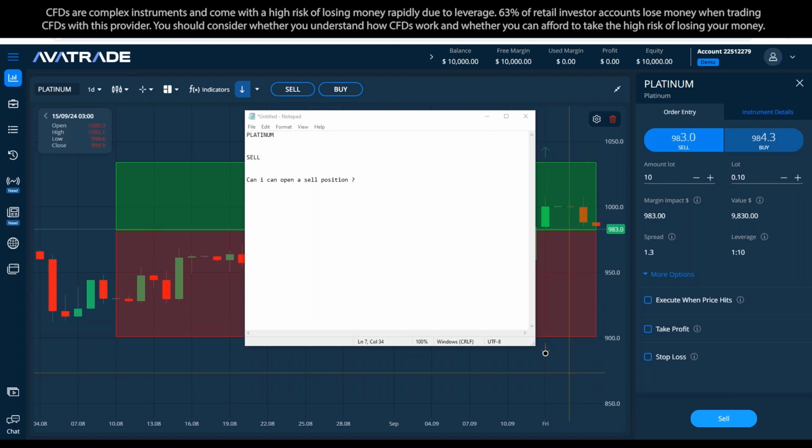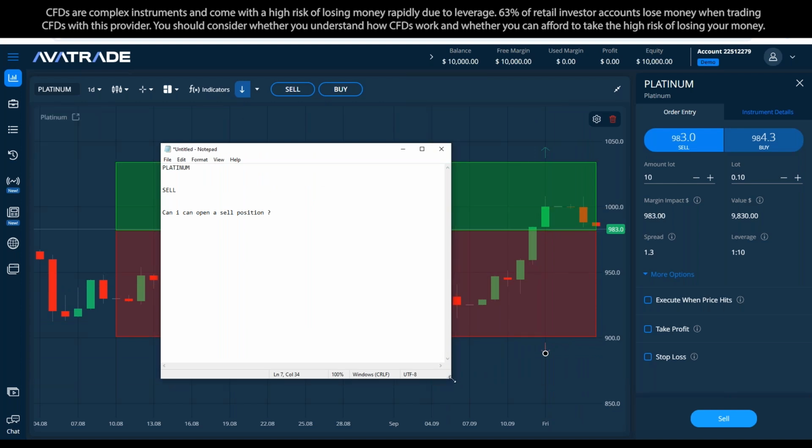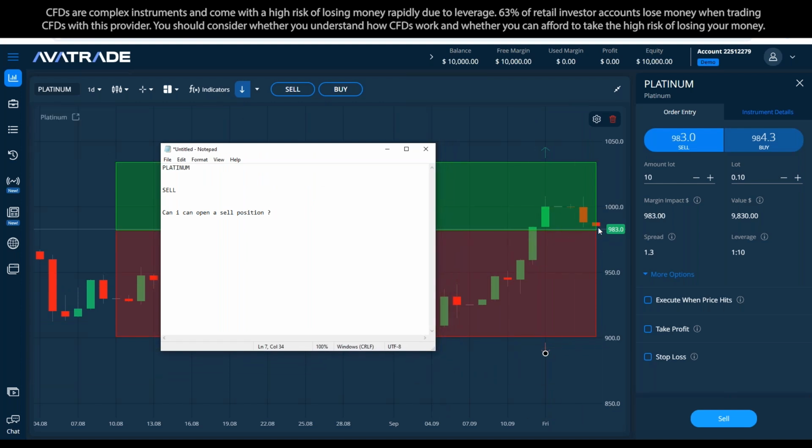My biggest problem with clicking sell here is that I understand platinum now has the ability to proceed going down. It can either turn around or start consolidating. But even if it goes down, how far down do I need it to go?